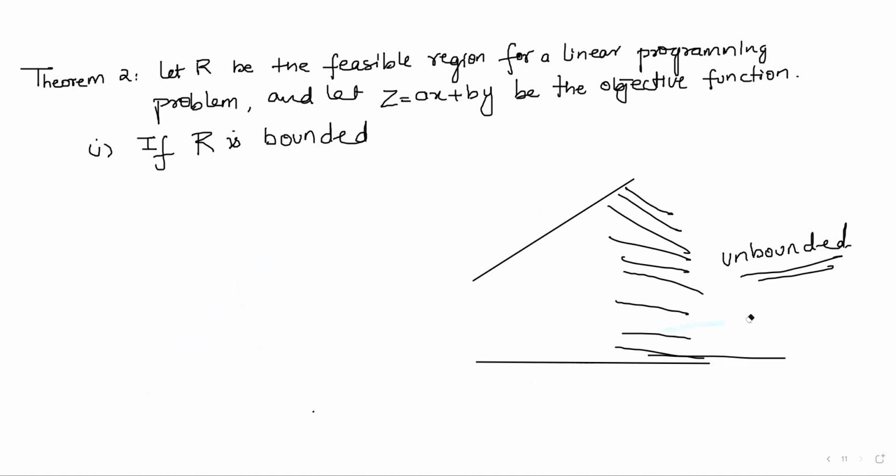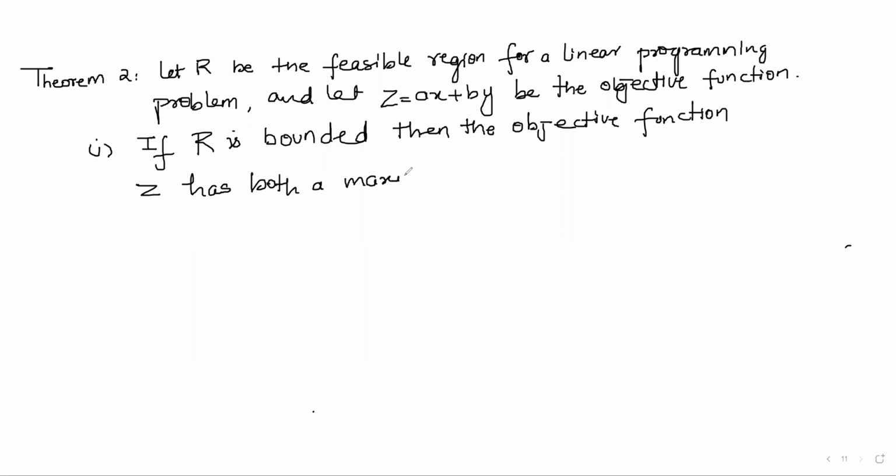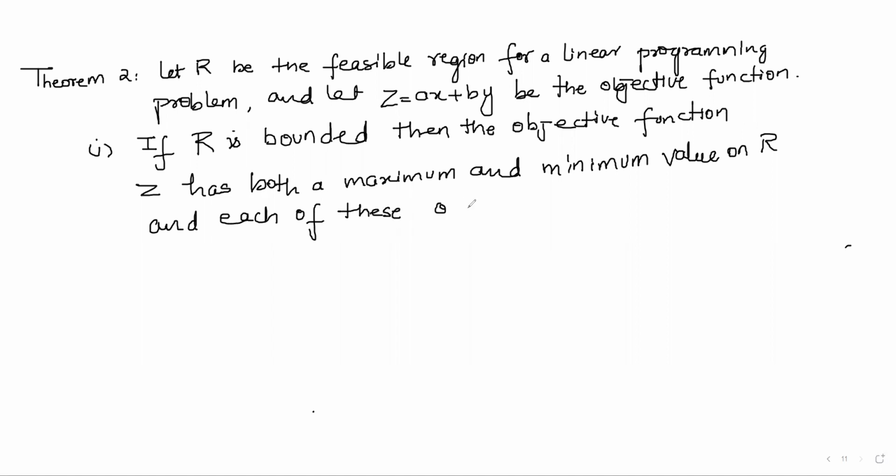So the first case I have taken is if R is bounded. If R is bounded, then the objective function Z has both a maximum and a minimum value on R, and each of these occurs at a corner point of R. So what is the theorem?